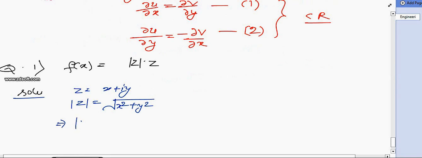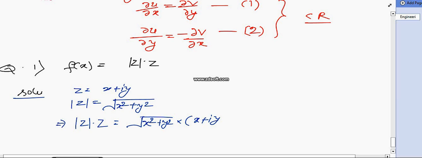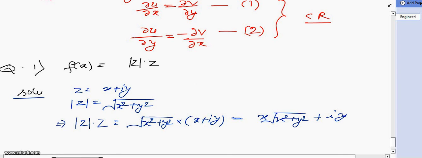This implies mod of z into z is equal to under root of x square plus y square into x plus iy, and this is going to give you x into under root of x square plus y square plus i y under root of x square plus y square. So this is our real part, or u, and this is our imaginary part, or v.